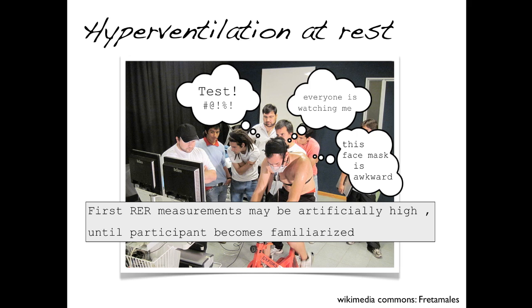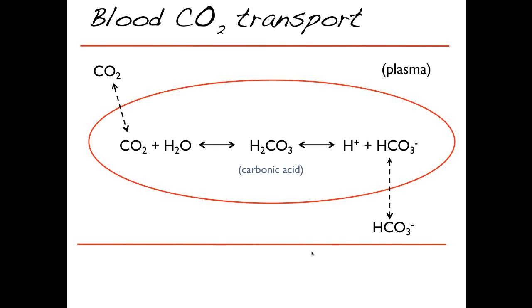I know that the RQ is probably not actually 0.85, 0.9. And over time, as the person sits on the bike and becomes accustomed to breathing into the face mask and the nose plug, their RER will start to go down. Again, what's happening here is the bicarbonate in the plasma: as the person breathes more frequently, they artificially blow off more carbon dioxide. They're not actually producing more, they're just blowing off more.